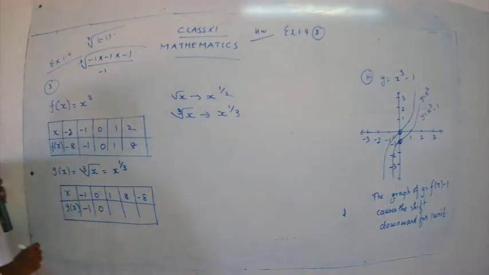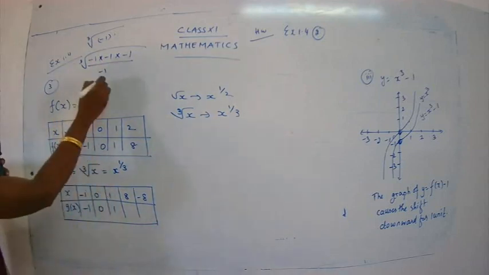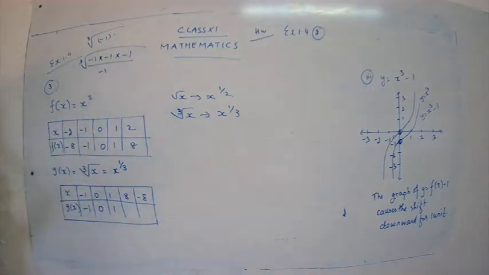Cube root of 0 is 0. Again same, cube root of 1 is 1. Only the sign differs. Instead of minus 1 minus 1 minus 1, you have 1 into 1 into 1. So the cube root of 1 will be 1. Okay, now let's go for 8.